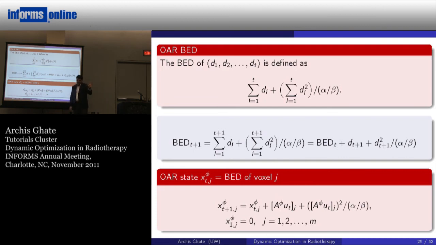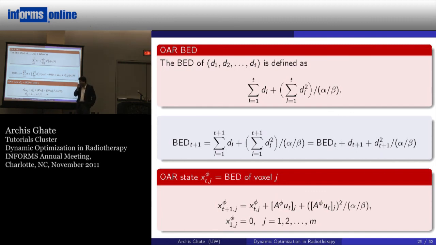And going back to that X notation for the state, all I need now is an equation that tells me how my OAR state is going to evolve. This is my BED after T, which is here. This is my next BED, and I simply need to add a dose term plus a scaled squared dose term, right?